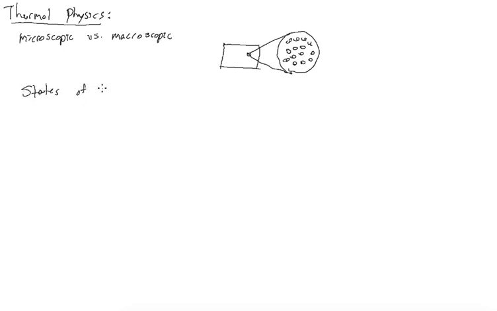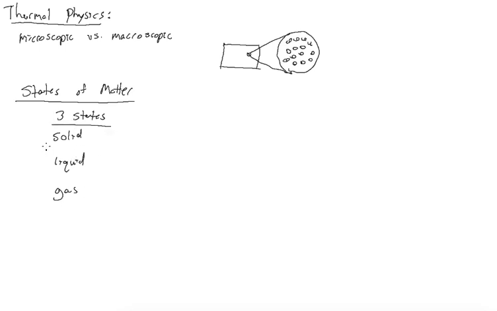Okay, and to start, let's talk about the different states of matter. What you have to know for this course is that there are 3 states of matter: solid, liquid, and gas. And so these are the 3 that you're supposed to know.